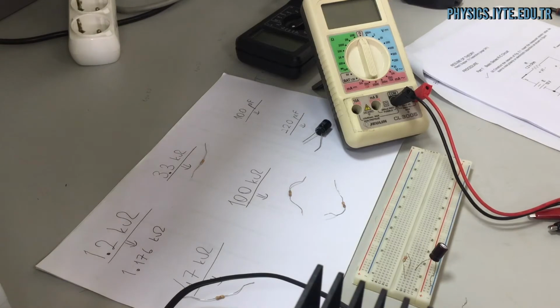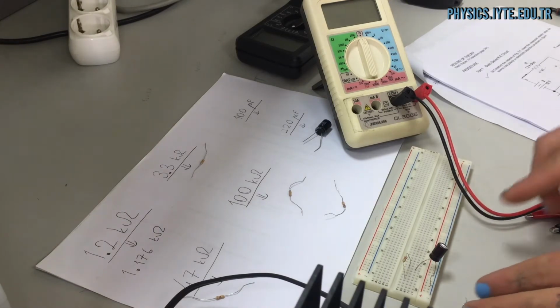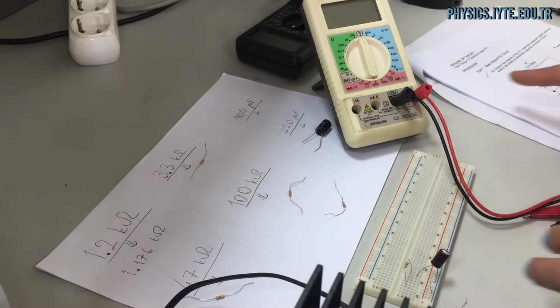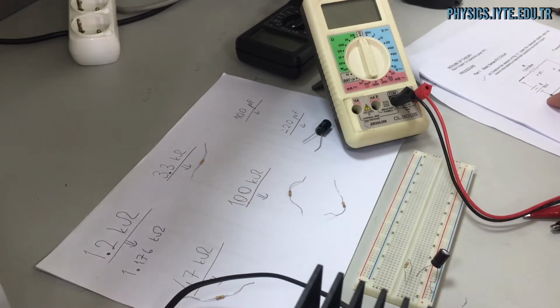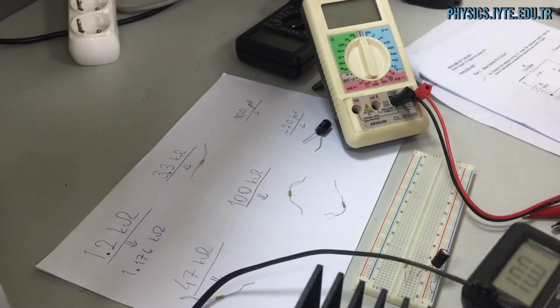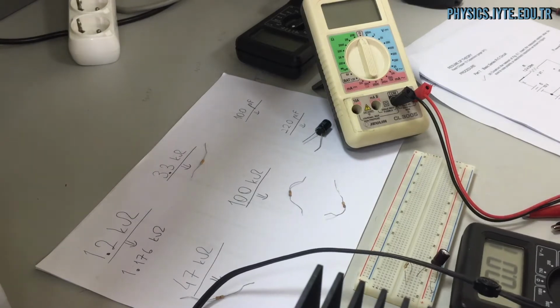For Part 1, a basic series RC circuit will be realized. To do that, the circuit is constructed as seen in the figure in the manual. A 10 V DC power supply will be connected to the circuit.